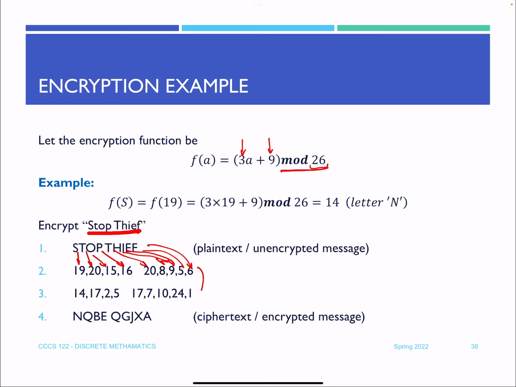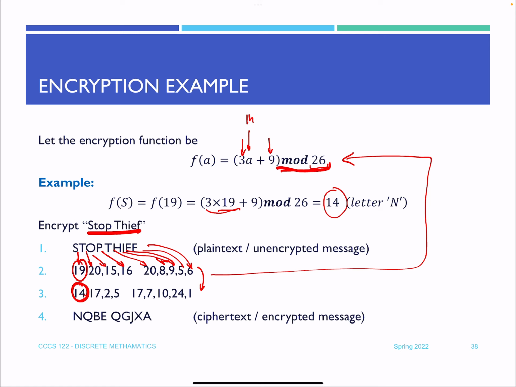Going from here to here is where we use this encryption function. You multiply each number by 3, add 9, and take the mod of 26. That remainder becomes the new number. So you use 19 as input: 3 times 19 plus 9, mod 26.